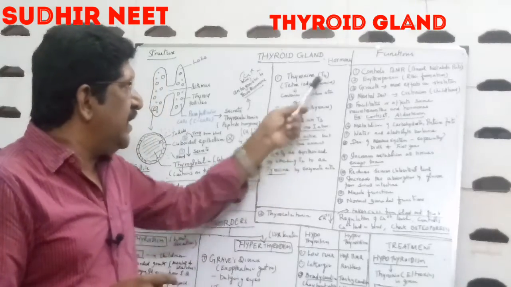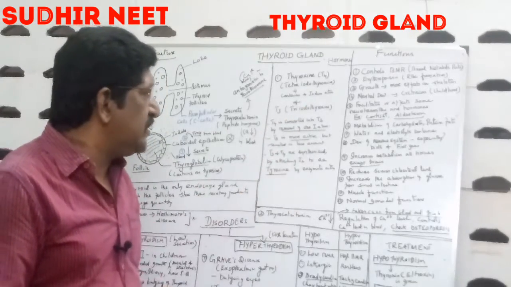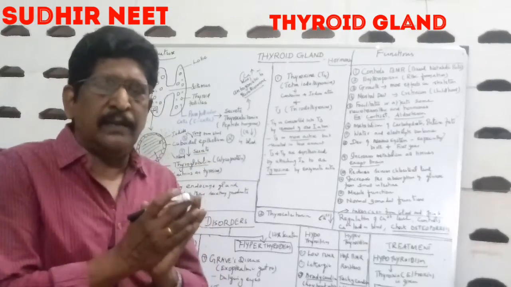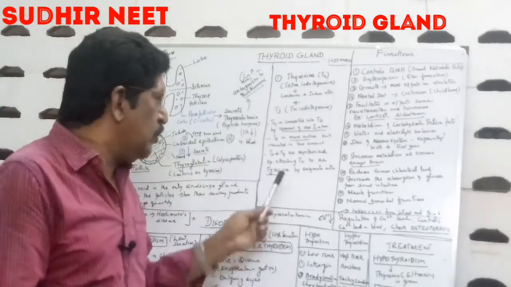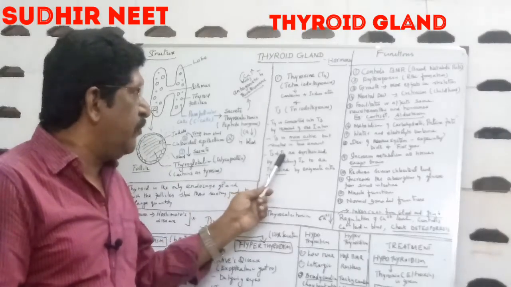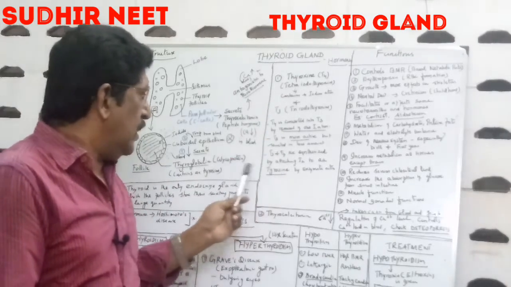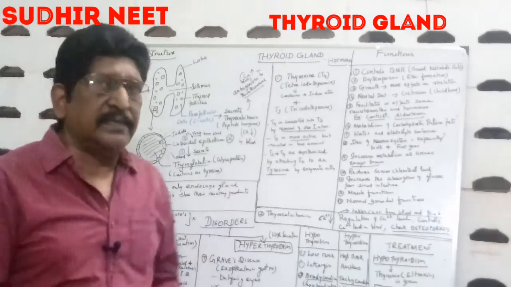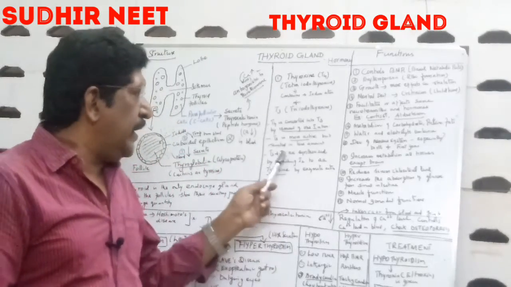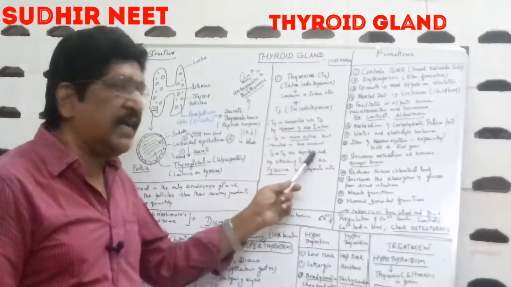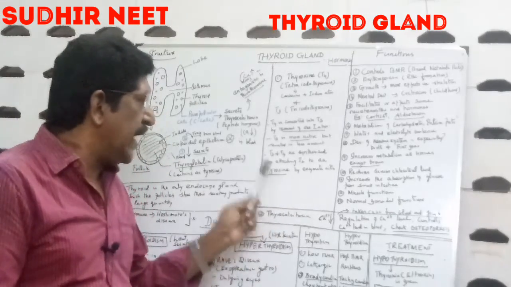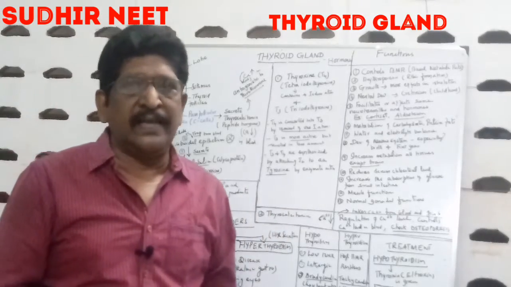And then T3 and T4 are synthesized by attaching iodine to the amino acid tyrosine. I told you the amino acid tyrosine. So T3 and T4, thyroxine, is also a tyrosine amino acid derivative hormone. So here T3 and T4 are synthesized by attaching the iodine to amino acid tyrosine by enzymatic action.